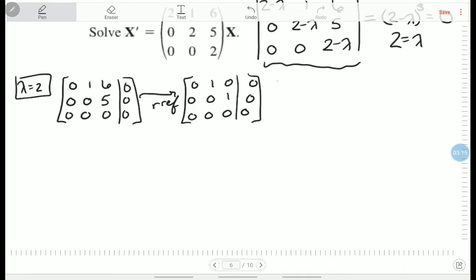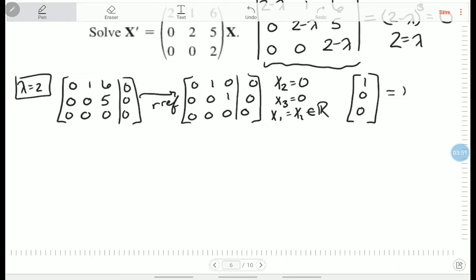So what this tells us is x2 is 0, x3, so this is in the x3 column, is 0, and x1 is going to be free. So our eigenvector is 1, 0, 0. Make sure you put these in the order, coefficient of x1. That's our k value. I'm going to label this because we have a few other things we need to find.